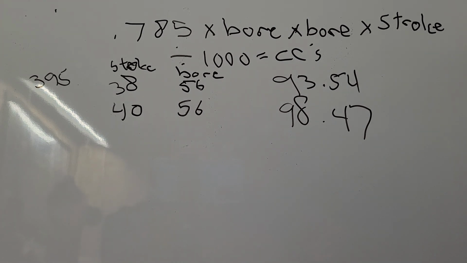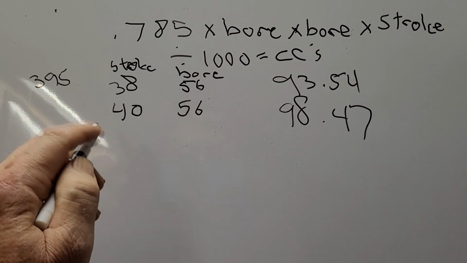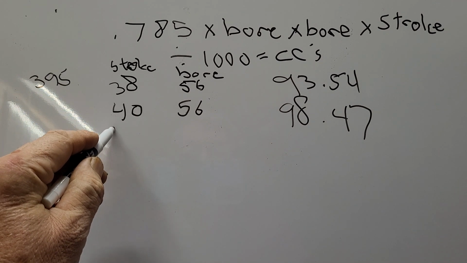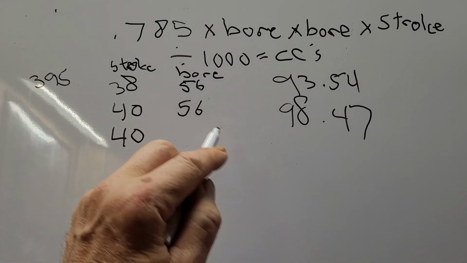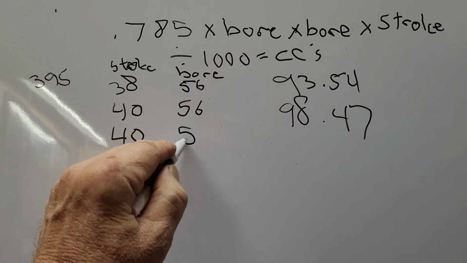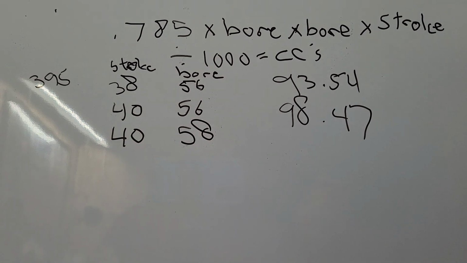Okay, here's what we're going to do. We're going to take that same 394, and we're going to put the 40 millimeter stroke in it, 2100 crank. We're going to go to 58 millimeters. Yes, they make a big bore for it. Highway does. I think you might find it with other companies too, but I use a lot of Highway.